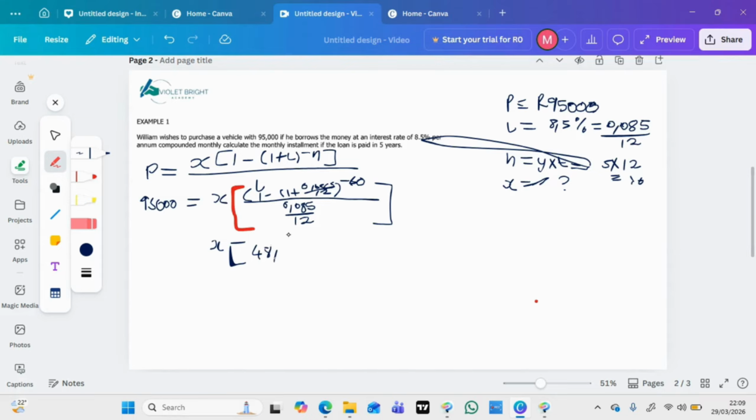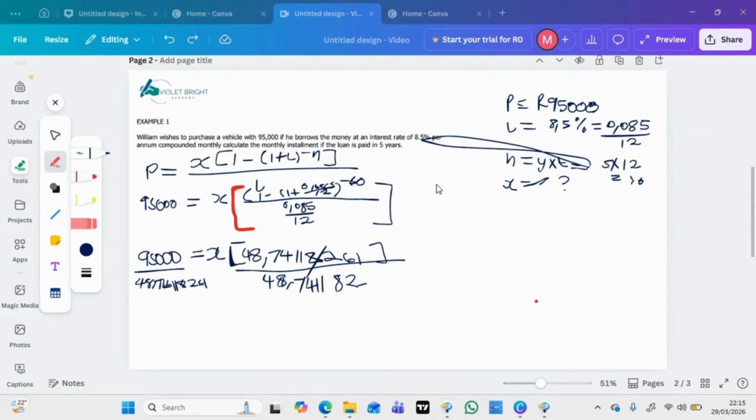48.74 11 8261. So all of this divided by 95,000, after dividing both sides, the x value that we will get will be equal to 1949.7.